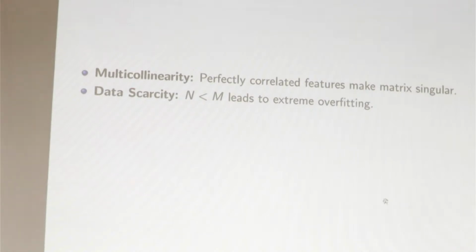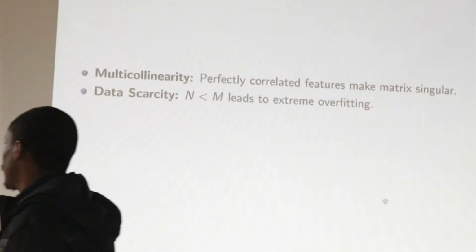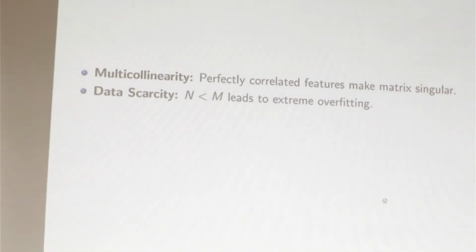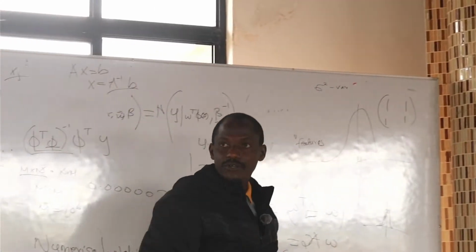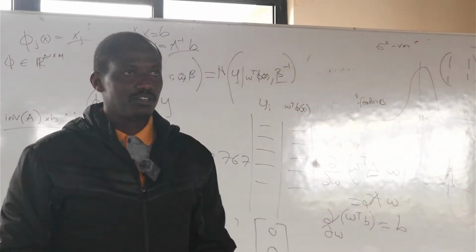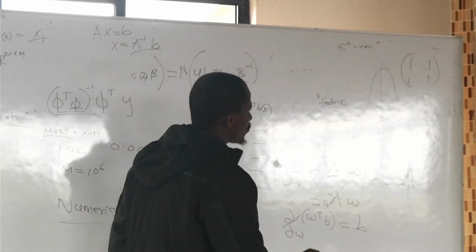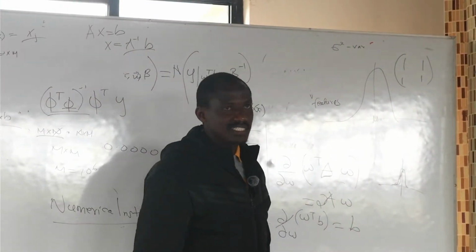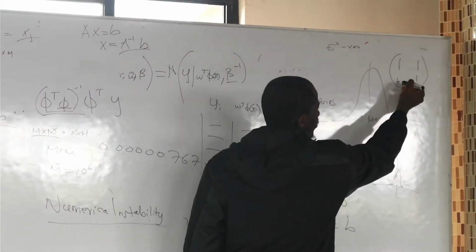Inverting an n by m matrix can have numerical instability problems. But something else, sometimes you run into singular matrices. A singular matrix is a matrix that doesn't have an inverse. For example, imagine I told you to perform the inverse of this matrix.